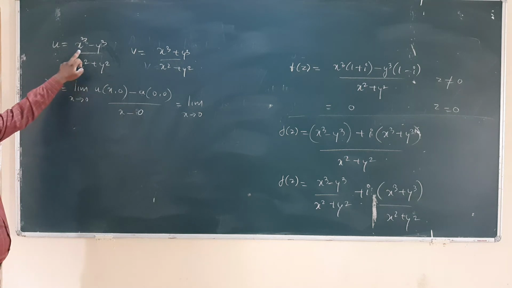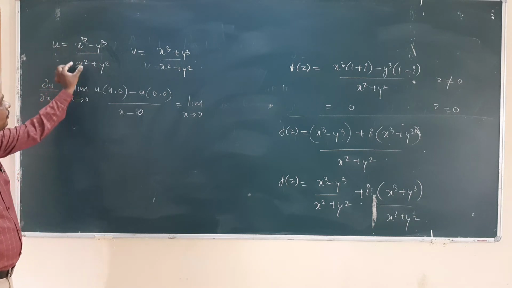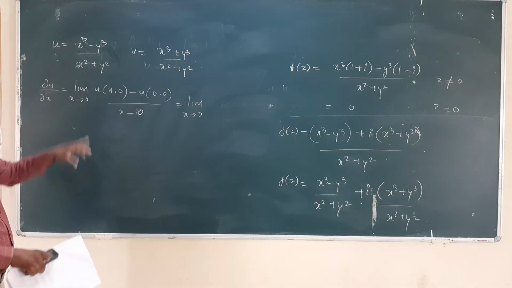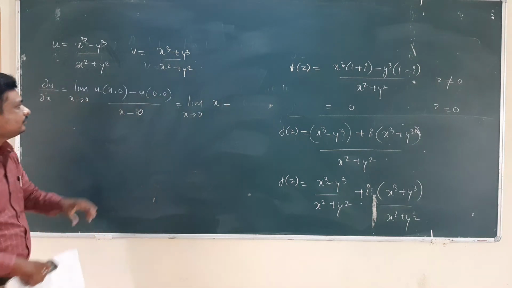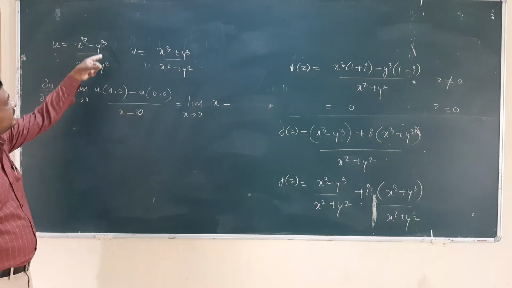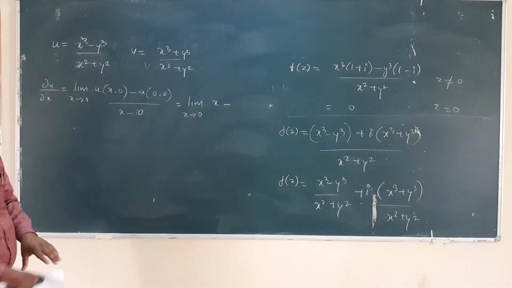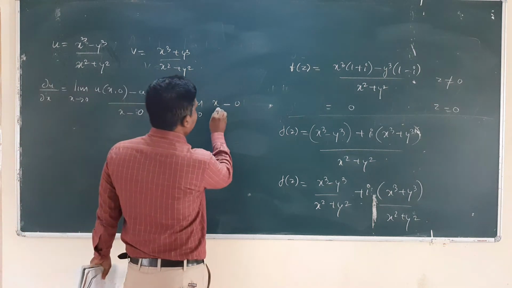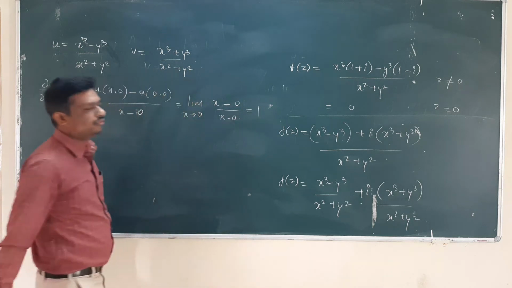If I put x equal to x and y equal to 0, the numerator becomes x cube and the denominator becomes x square, so this becomes x minus 0, where x is 0 and y is 0. So I will get this as 0, not an indeterminate form, because here I am using the limiting condition. So minus 0 upon x minus 0. So this is 1.